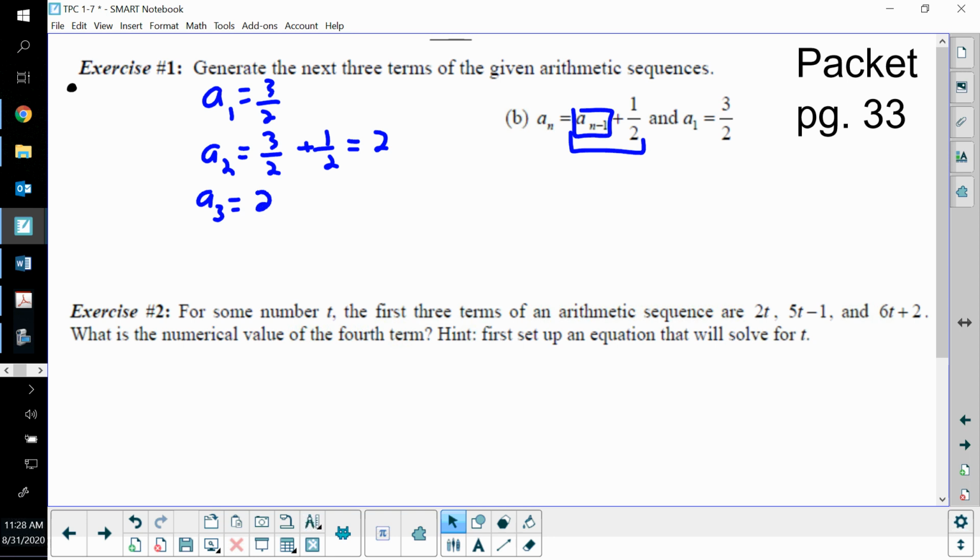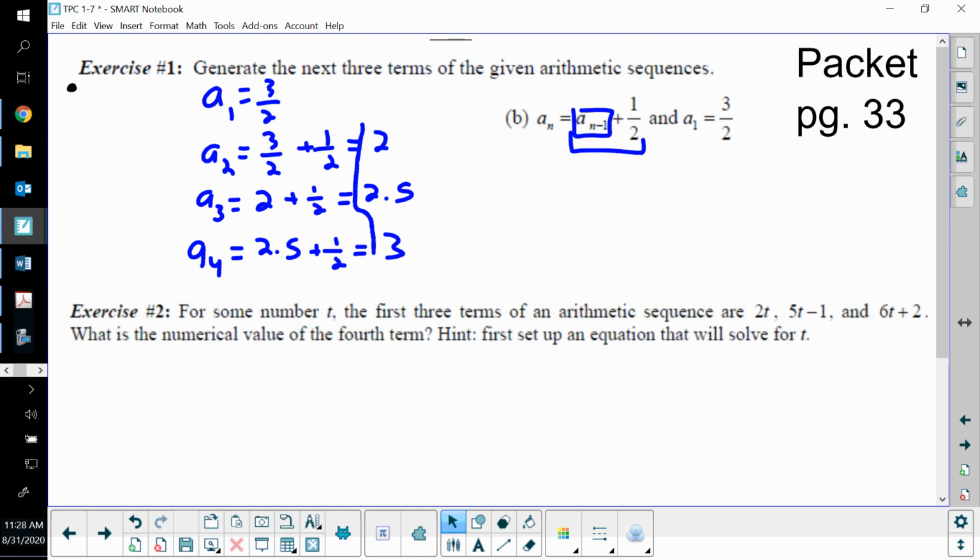So our previous term now is 2. So we'll add a half. And we can either do 5 halves or 2.5. And a4, just do your previous term and add a half, so we would get 3. So our answer to this question would be those 3 next terms, the 2, the 2.5, and the 3.